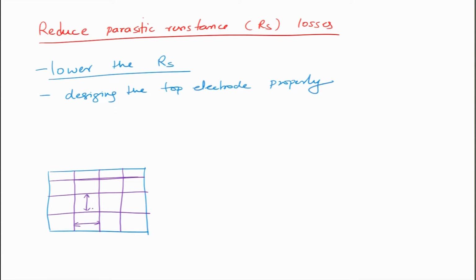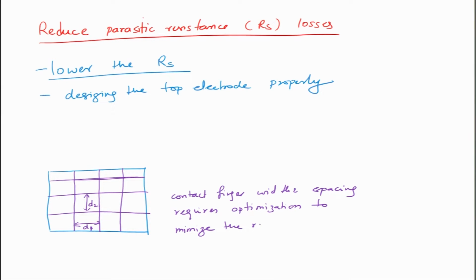So, you can say this is D1, D2. These contact finger width and spacing requires optimization to minimize the series resistance.